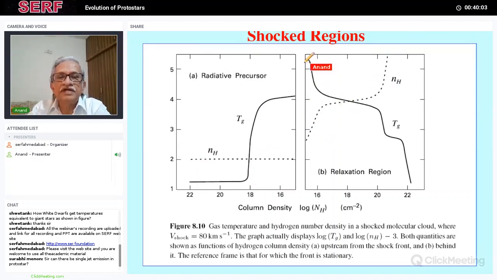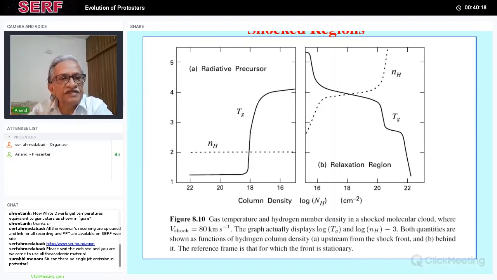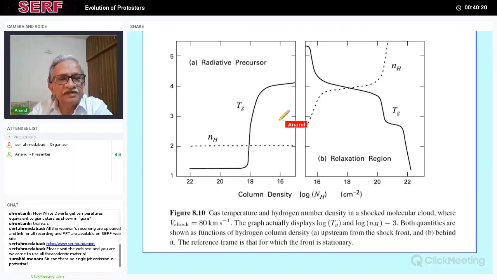And at the shock interface, after the shock, the temperature slowly comes down. Now, in the wake of the shock, I'll quickly go through this. As the temperature is rising, the plasma is heated up, and that heated gas actually emits a lot of radiation, and that thermal energy actually excites and ionizes a lot of species.